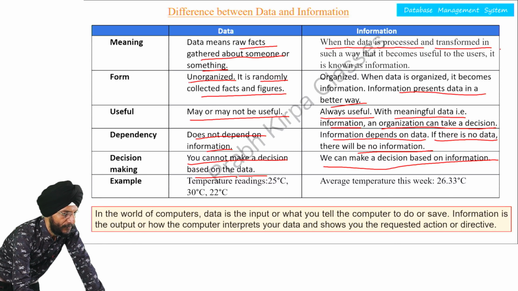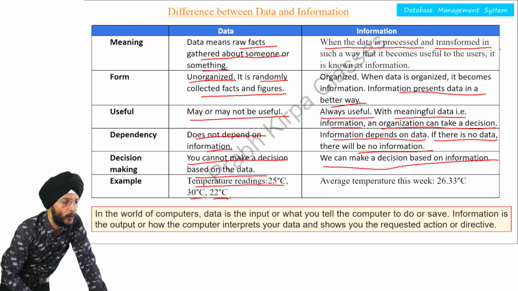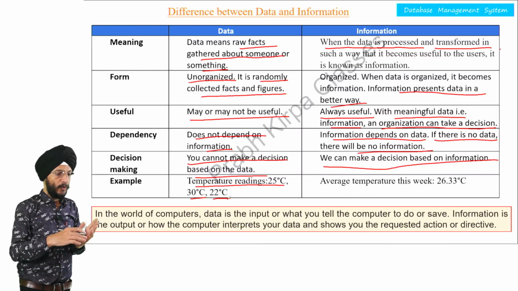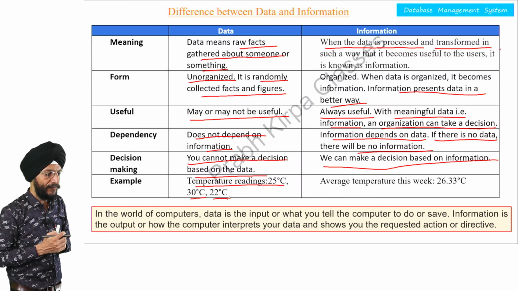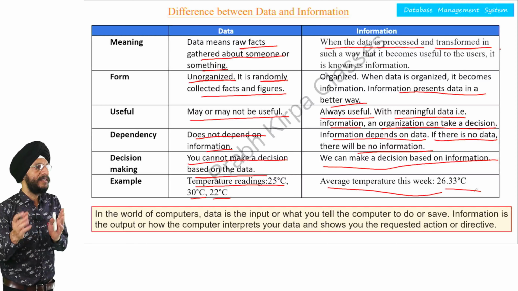The examples of data are temperature readings 25 degrees Celsius, 30 degrees Celsius, 22 degrees Celsius. On the other hand, the example of information is average temperature this week 26.33 degrees Celsius.